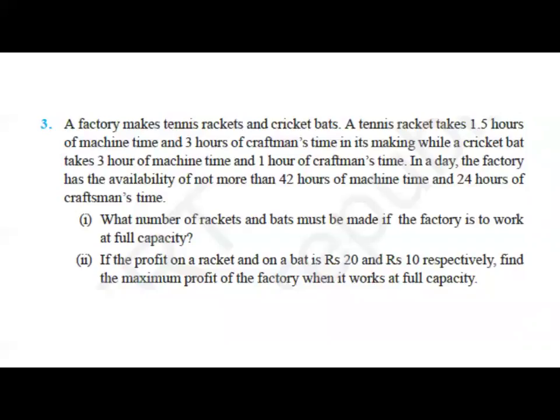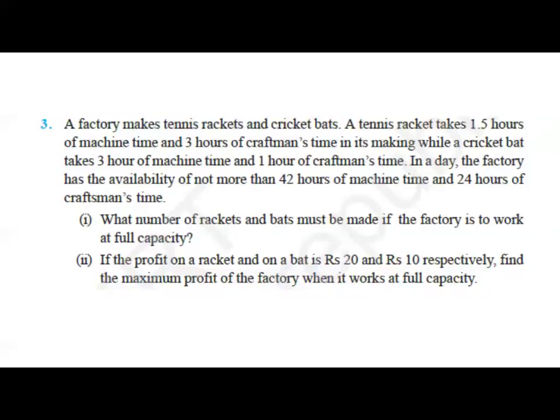In a day, the factory has not more than 42 hours of machine time and 24 hours of craftsman time. If the profit on a racket and on a bat are 20 and 10 respectively, find the maximum profit of the factory when it works at full capacity.